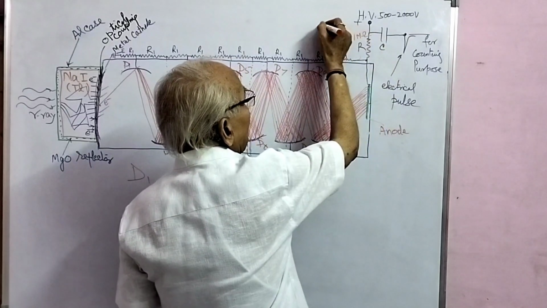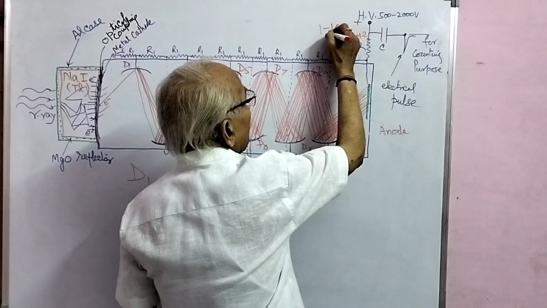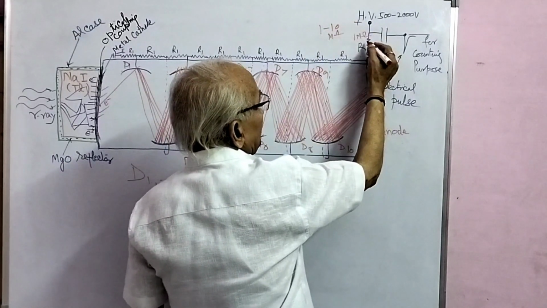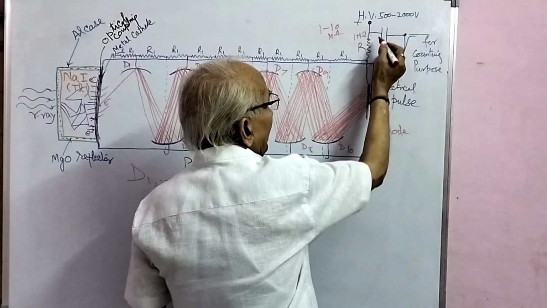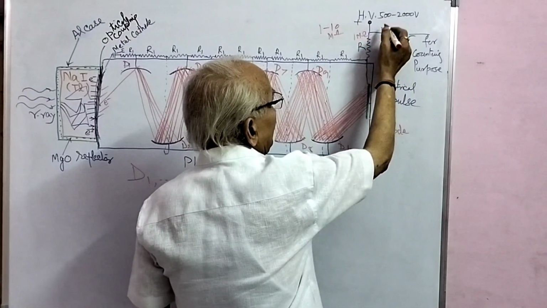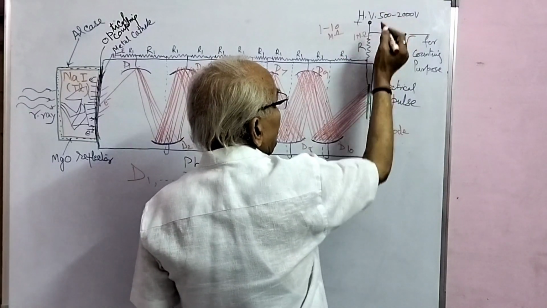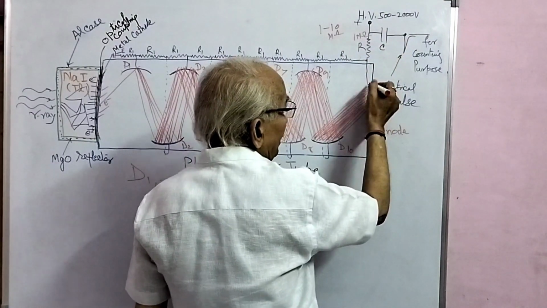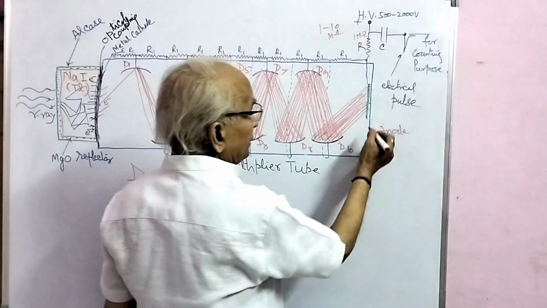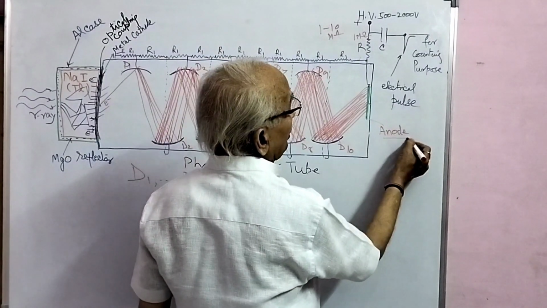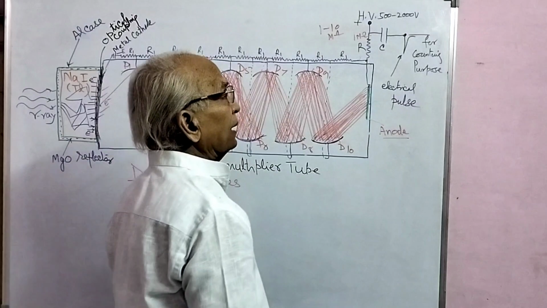This can vary from 1 to 10 megaohm. This is the resistance R, and this is the capacitor C connected here. One end of resistance R goes to high voltage, the other end is connected here to the one electrode. This is known as the anode. Finally this is the anode.